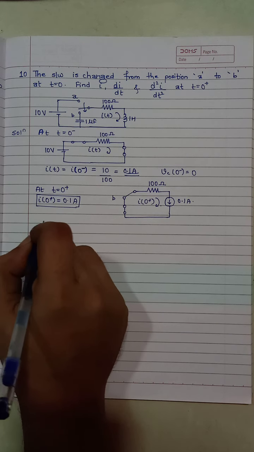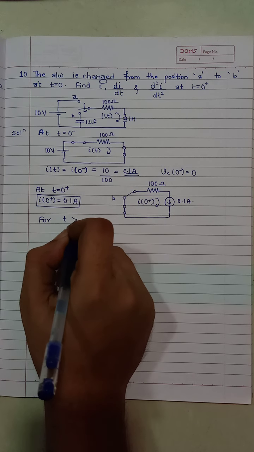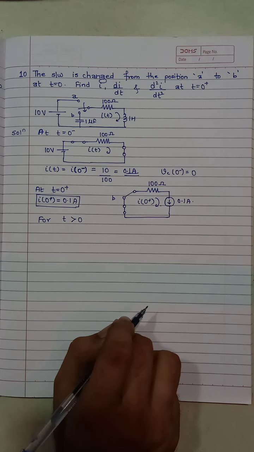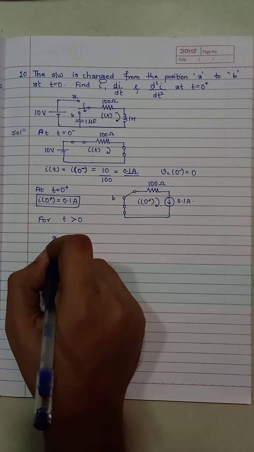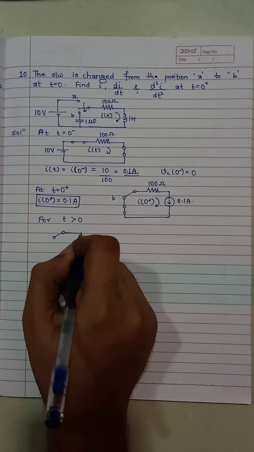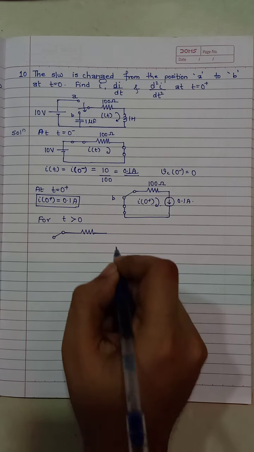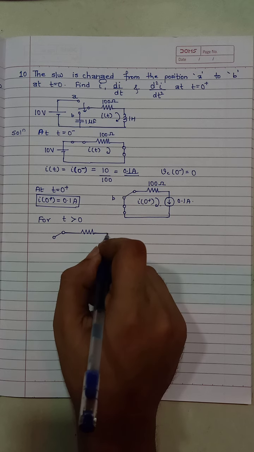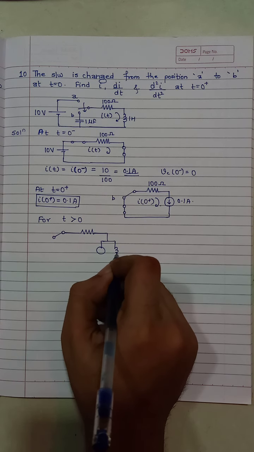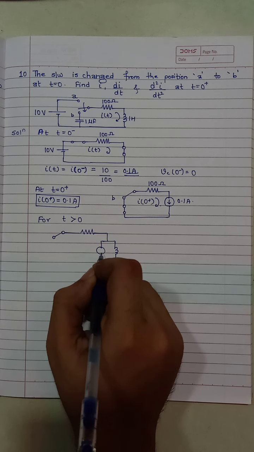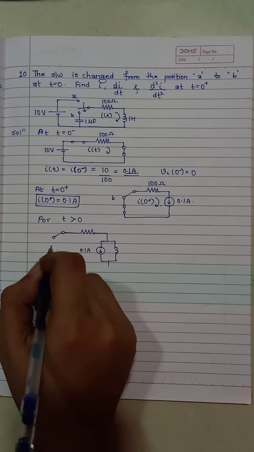Now for t greater than 0, we can draw the circuit. We have a resistor, a current source in parallel with the inductor because we have got the value of current as 0.1 ampere.